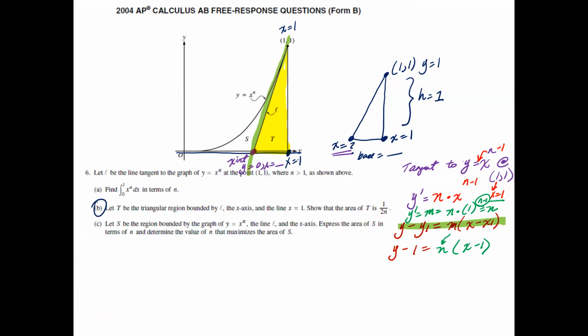Then if I take 1 minus this point, that will give me the base for my triangle. So when I find the area of it, I can have the base because I already have the height. So let's look for the x-intercept of line L, which means y is equal to 0. And I will have negative 1, because y is 0, or you could put 0 minus 1, is equal to n times x minus 1.